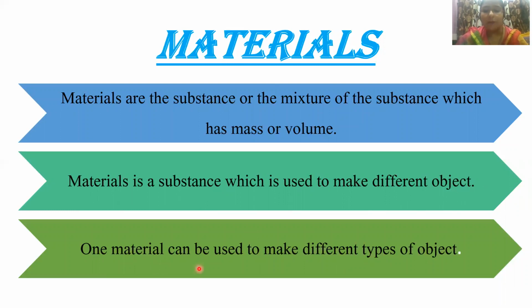One material can be used to make different types of objects. For example, from wood we can make tables and chairs. So the wood is a material and the table and chairs are the objects.